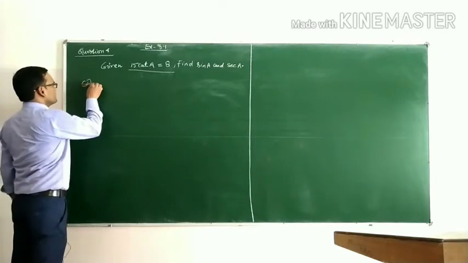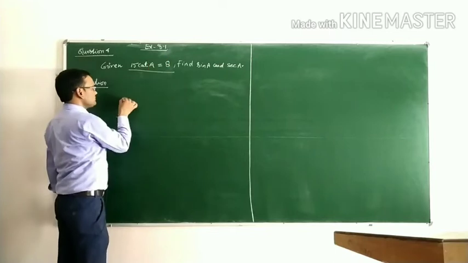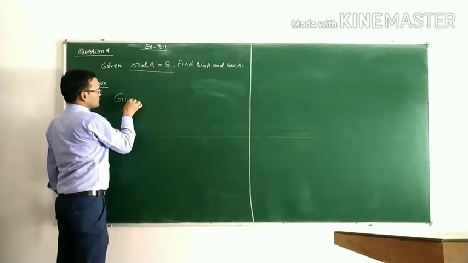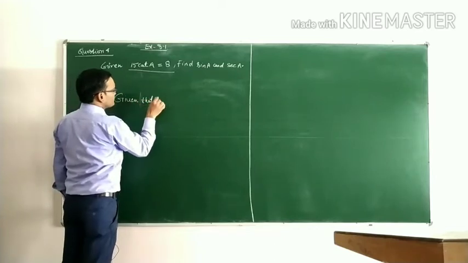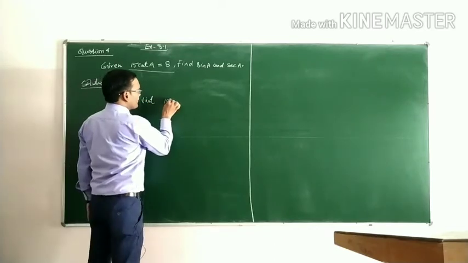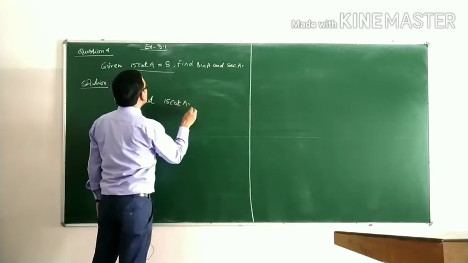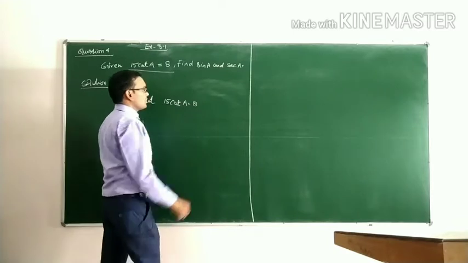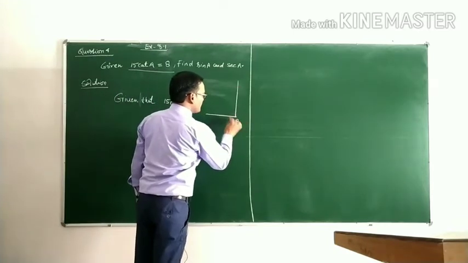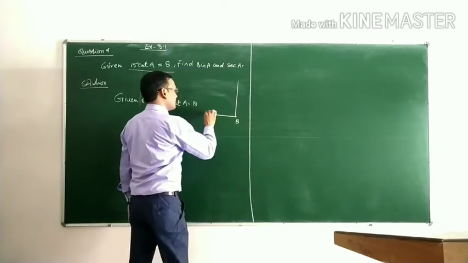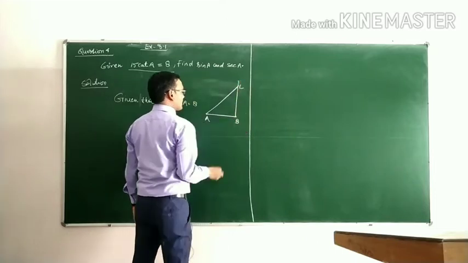Solution: given that 15 cot A equal to 8, we draw a figure. ABC is the right angle triangle.